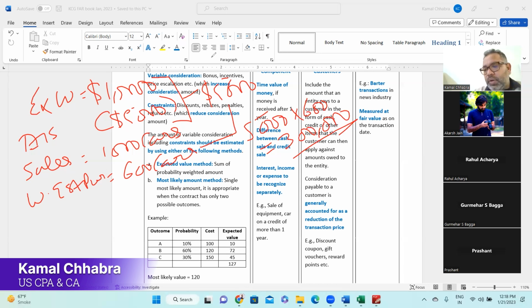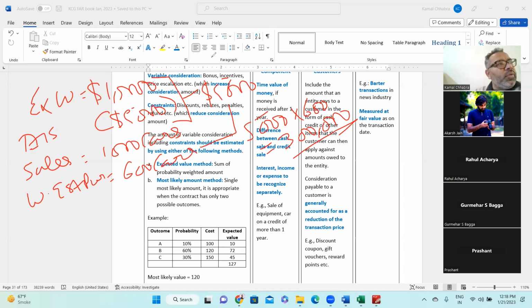The outcome of the probability is A, B, and C. Let's assume you have exported material to another country, and that country is going through a financial crisis. Let's assume you sold the material to Sri Lanka. As we all know, Sri Lanka these days is going through a financial crisis, the country as a whole, and the same is the situation of the customer also.